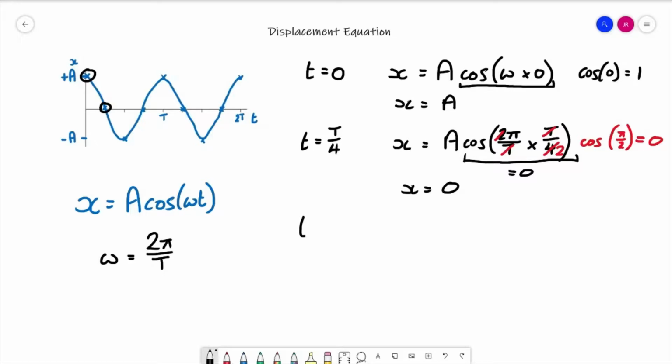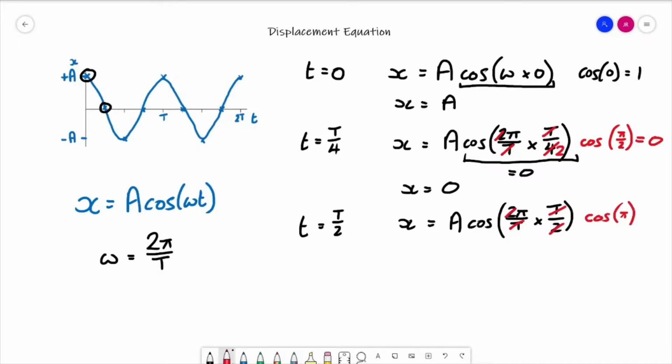The next stage, t is equal to T over 2, so half of a time period. Again, x is equal to A cos of 2 pi over T multiplied by T over 2. Once again we have cancellations: the time periods cancel out and the 2's cancel out, and we're left with cos of pi.